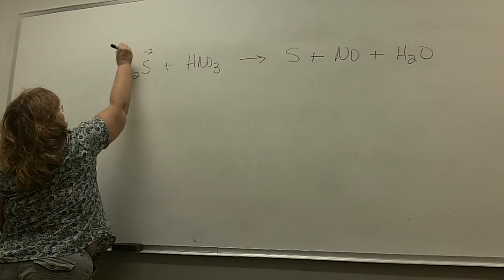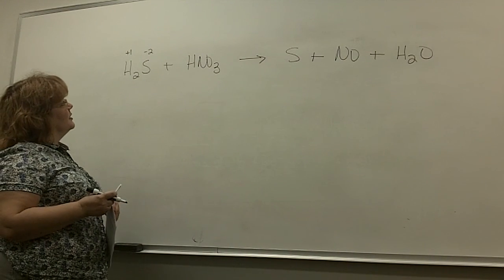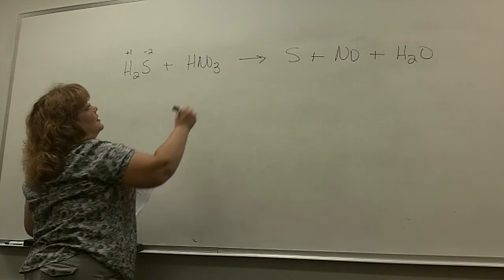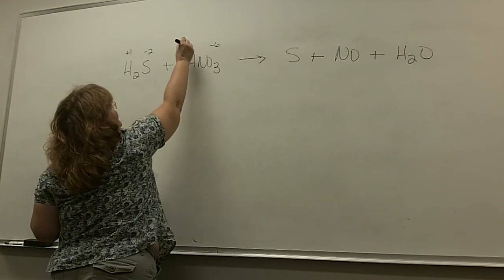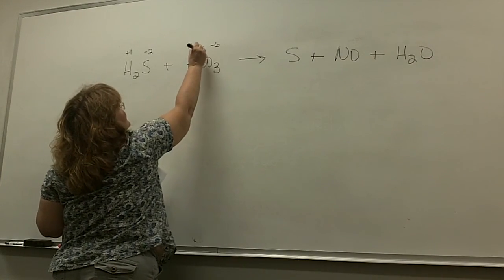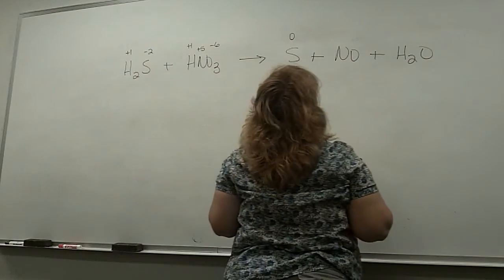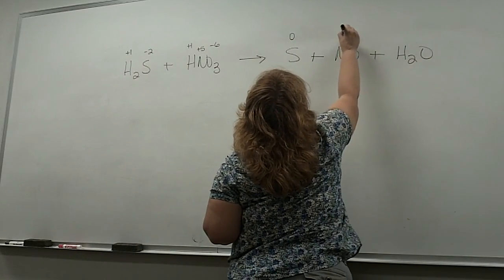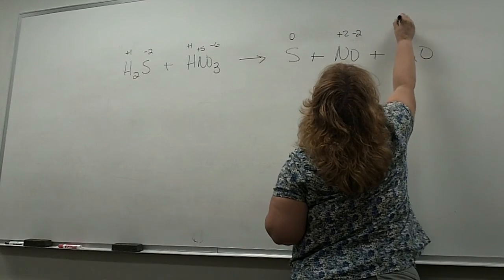Sulfur is -2, hydrogen will be +1, and nitrogen will be +5. Oxygen in NO3 is -6. And that sulfur will be 0. That nitrogen will be a +2.